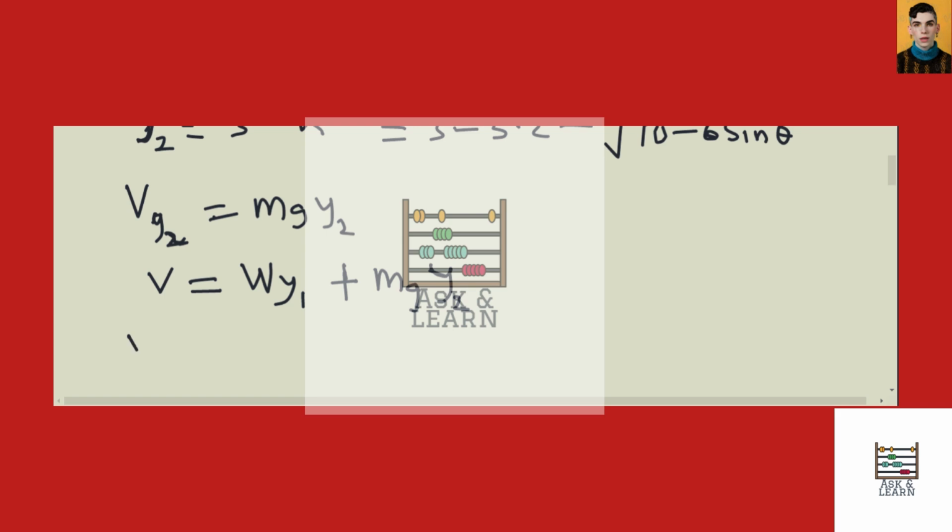If we plug in all our values, we know that the mass of the rod is 12 kg. We multiply it by 9.81 and do our multiplication, and we arrive at this sin theta.